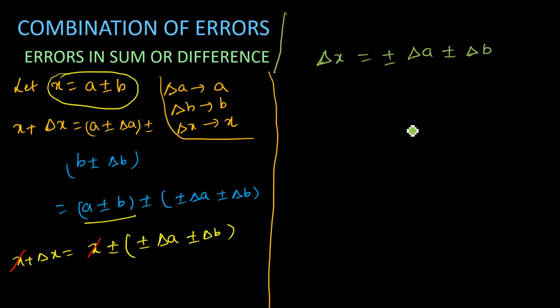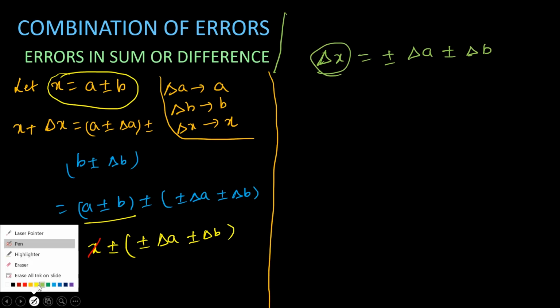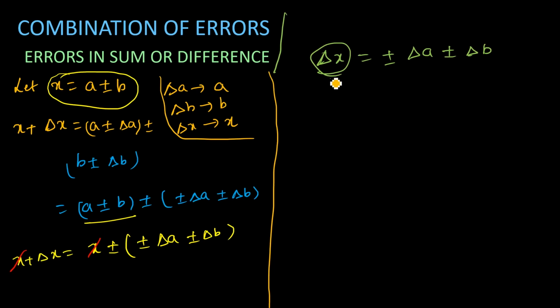Okay, now the four values of delta x. So what are the four values of delta x? We can see these four values. First, delta a minus delta b, one value, and delta a plus delta b.